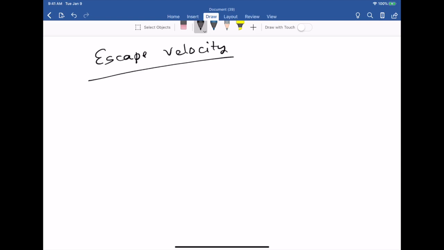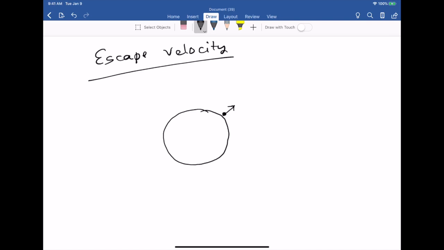Let's just calculate the escape velocity of an object from the surface of the Earth. So first of all, what does escape velocity mean? It means the velocity with which you launch something such that it will just leave the gravitational pull, it will just fly off to infinity. So it will no longer come back, right? That is called escape velocity.